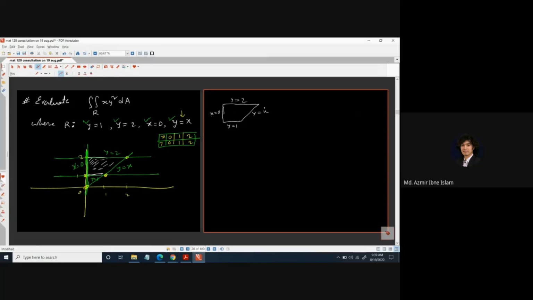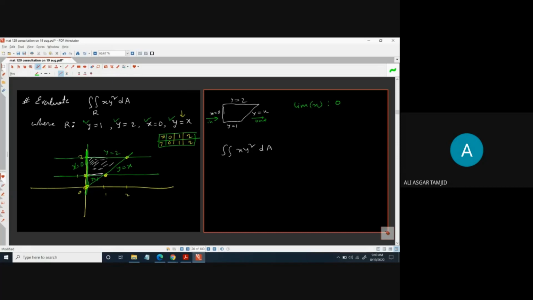So now our target is to understand the limits of x y squared dA. What will be the limit of x at first? For the limit of x, we need to look in this direction, in of x, out of x. Is that okay? Yes, sir. X equal to 0 is coming, right?